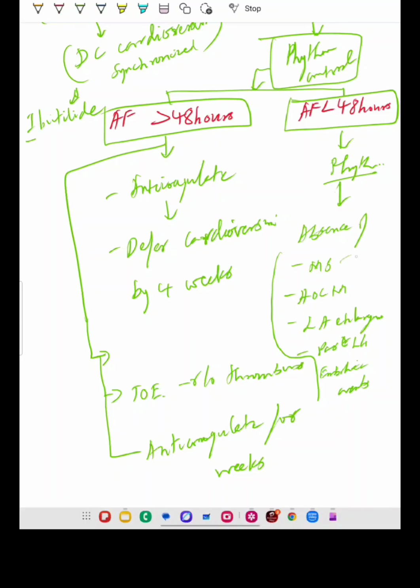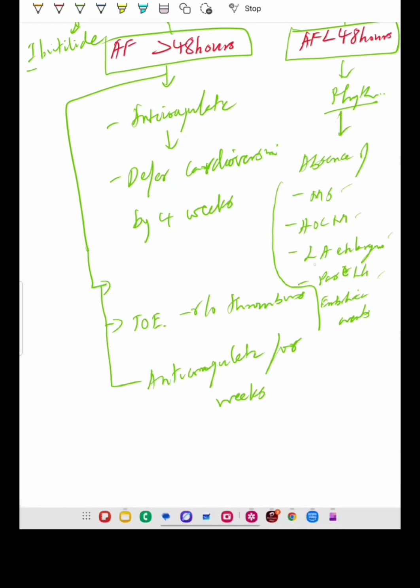So in the absence of these, you can go in for rhythm control. Your rhythm control will fail in the case of left atrial enlargement because that will act as a focus for future AF.